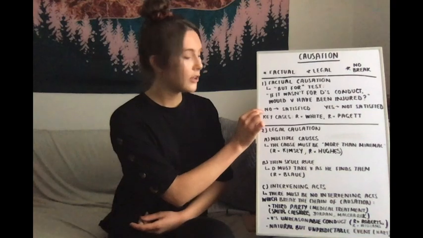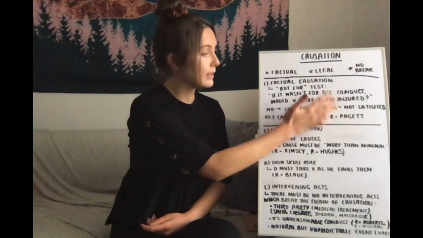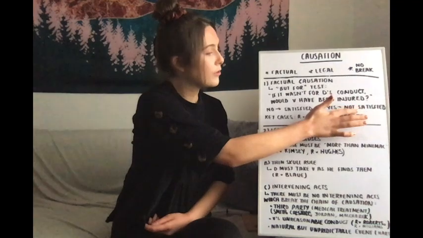If the answer to that question is no, they wouldn't have, then the But for test is satisfied and factual causation is satisfied. If the answer is yes, they would have suffered regardless of the defendant's conduct, then the But for test and factual causation is not satisfied.